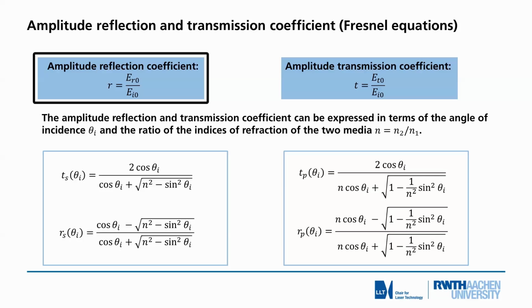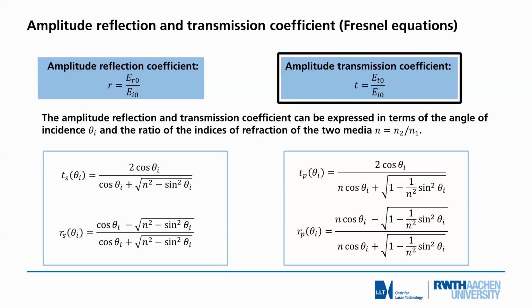Taking into account these dependencies, we now can formulate the ratio of the reflected electromagnetic field with respect to the incident electric field, and that is what we call the reflection coefficient R. And correspondingly the transmission coefficient is given by the ratio of the electric field transmitted with respect to the incident part of the electric field.